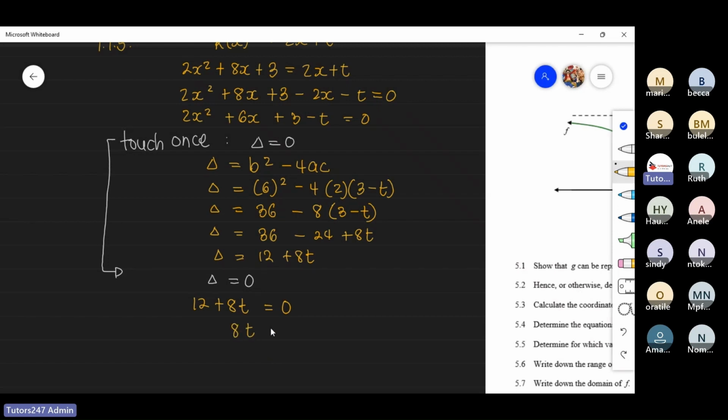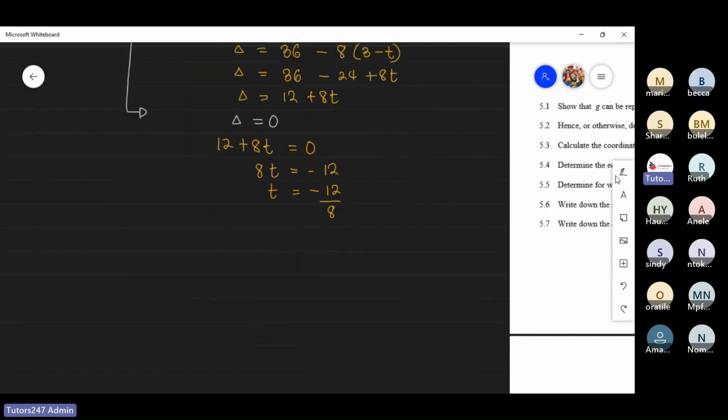From here, we can move 12 to the other side and solve for t, which will be minus 12 over 8. We know that 4 goes into 12 3 times, so you'll be left with minus 3, and 4 goes into 8 2 times.